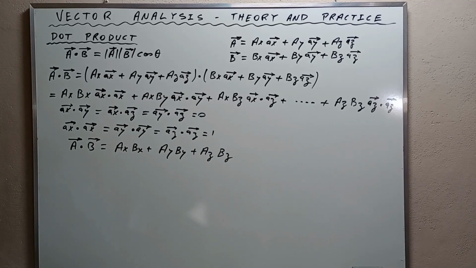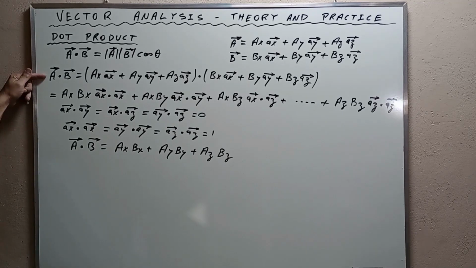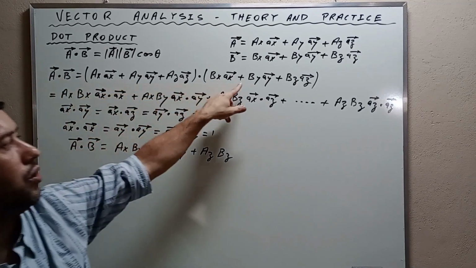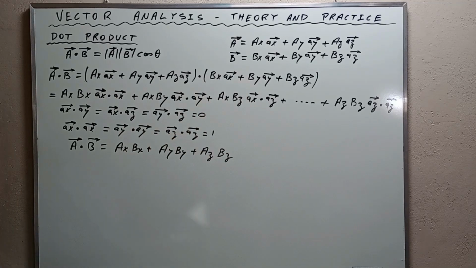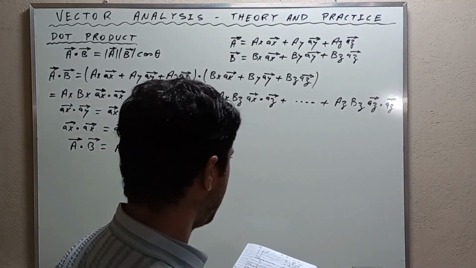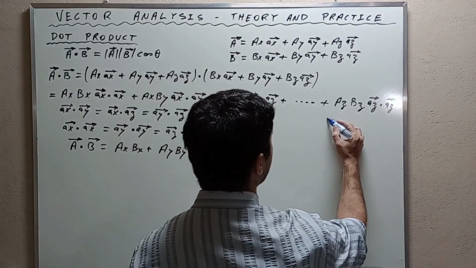This is the result that we get when we develop this product here, written in the Cartesian coordinate system. Alright? One of the most important applications of the dot product is that of finding the component of a vector in a given direction. Okay? How do we find the component of a vector in a given direction?